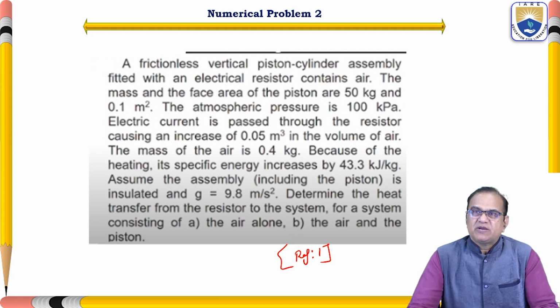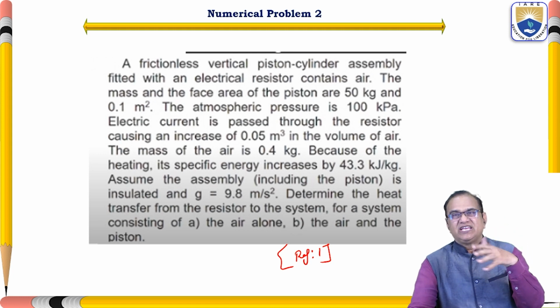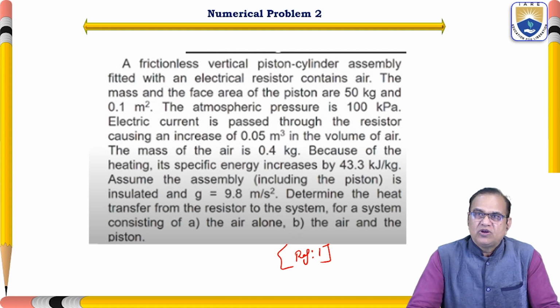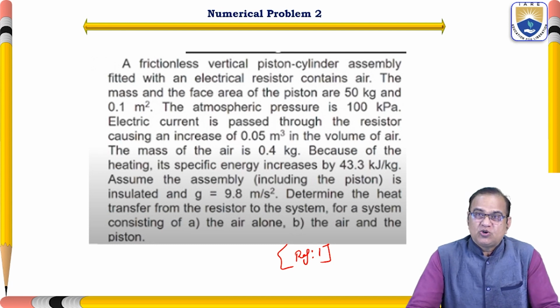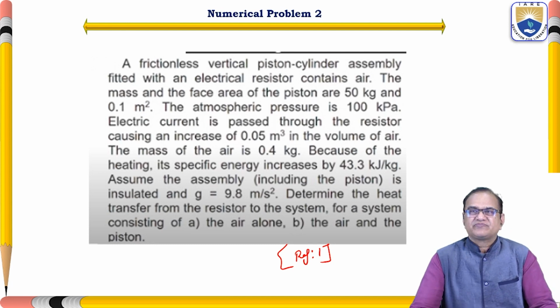The atmospheric pressure is 100 kilopascal. Electric current is passed through the resistor, causing an increase of 0.05 meter cube in the volume of the air, meaning delta V is 0.05 meter cube. The mass of the air is 0.4 kilograms.